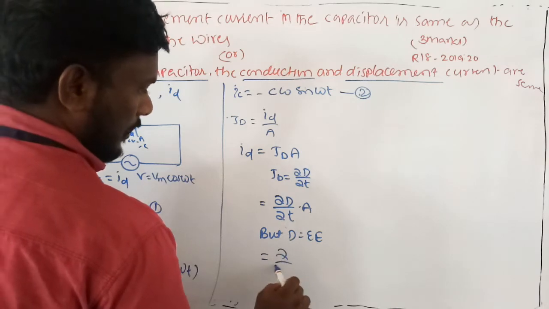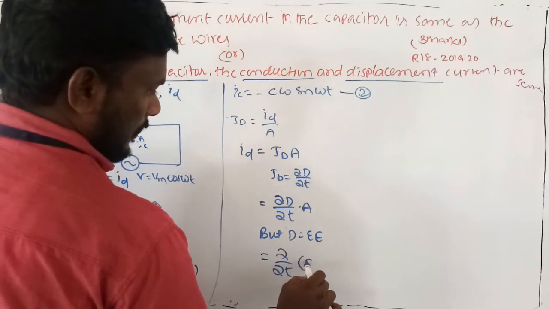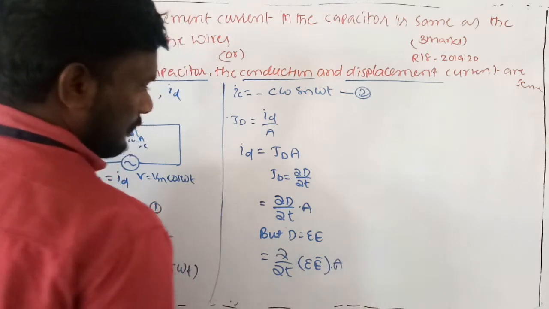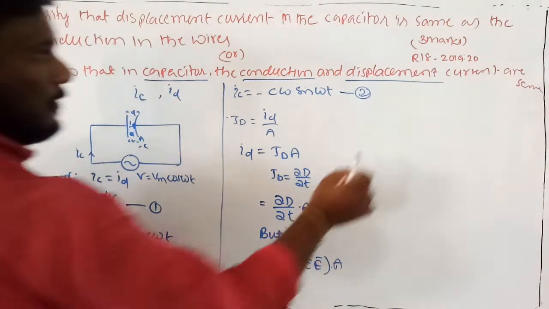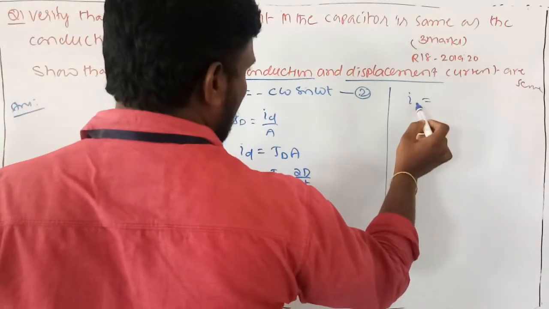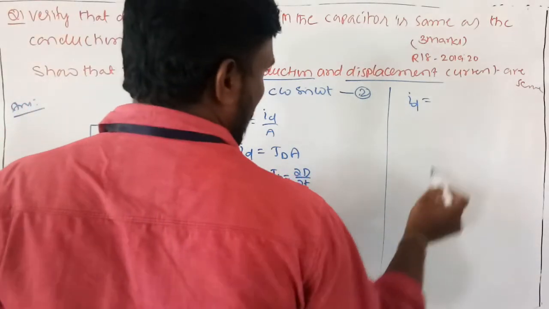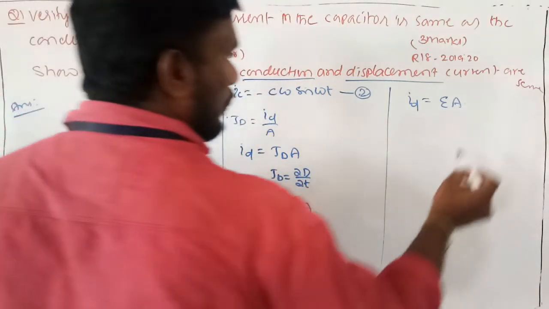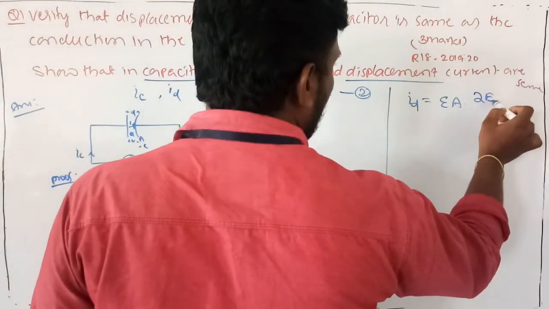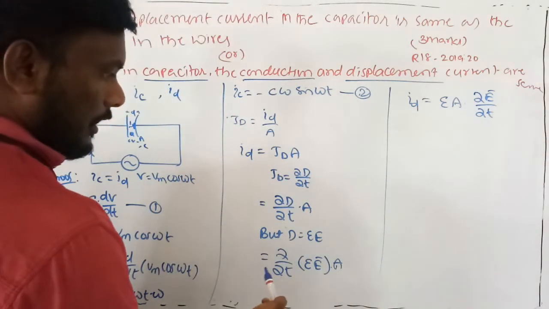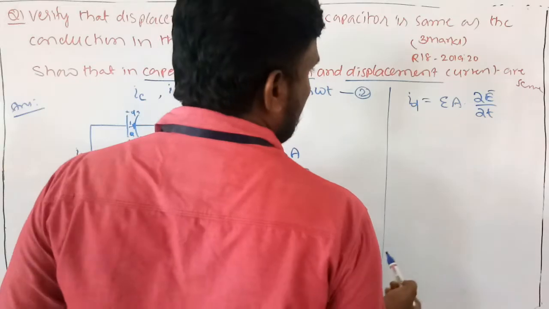So dou by dou t of epsilon E. Now ID is equal to epsilon A dou E by dou t, since epsilon and A are constants.